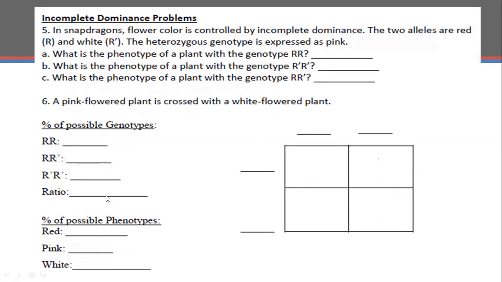Incomplete dominance. What I will remember is blending, it will be in between. In snapdragons, flower color is controlled by incomplete dominance. The two alleles are red and white. The heterozygous genotype is expressed as pink. What is the phenotype of a plant with genotype RR? RR is red.